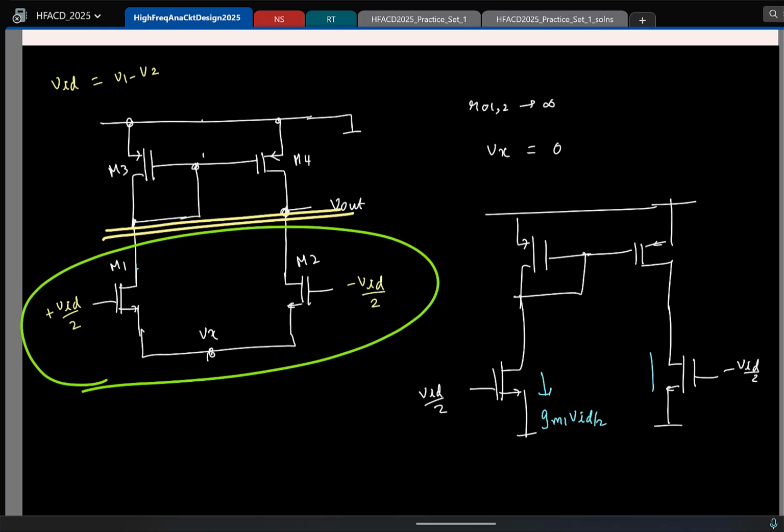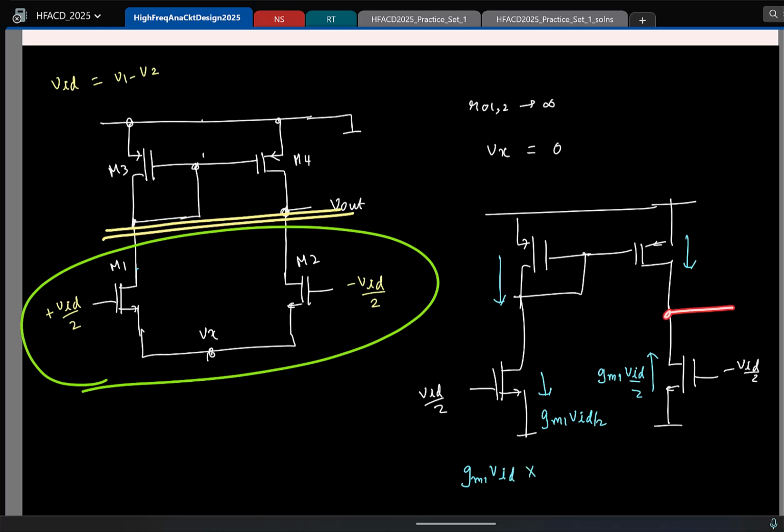What is the current in this direction? Same thing, GM1 VID by 2. The current through the PMOS transistor is the same. That gets mirrored. So the total current is GM1 VID. This flows through the output resistance.